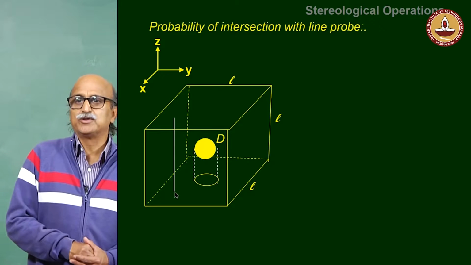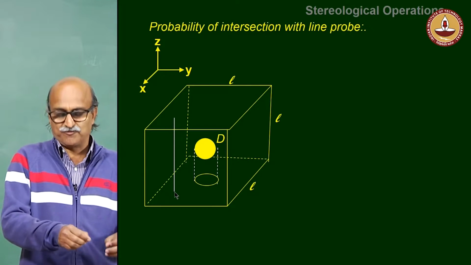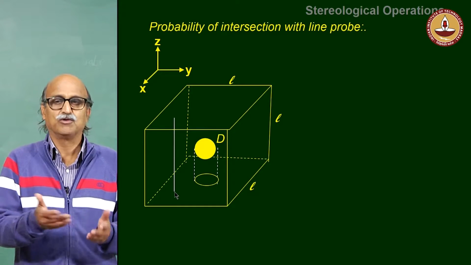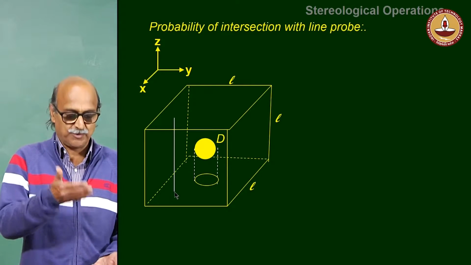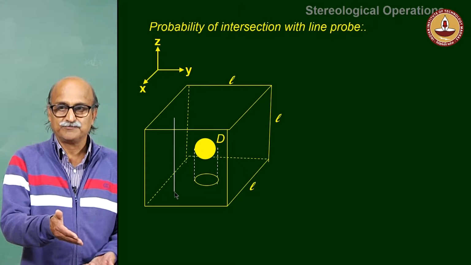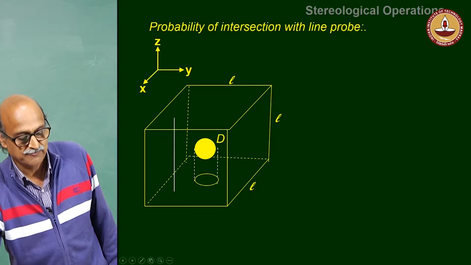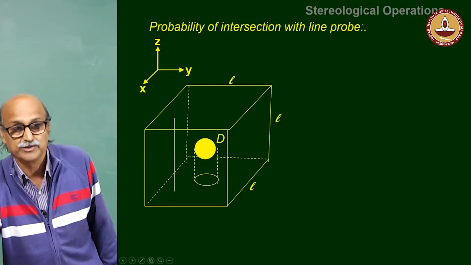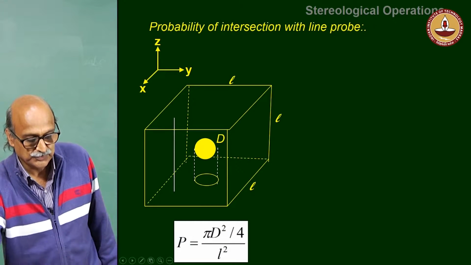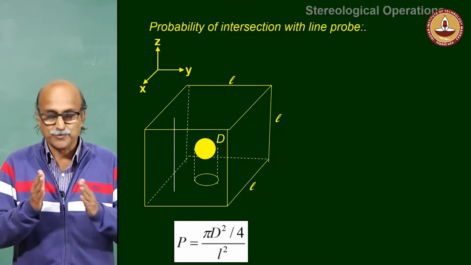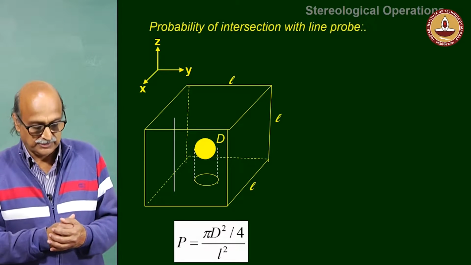Now, what is the probability of this point? If this point falls inside the projection, that means the line will cut the object. The probability of a point falling inside the object would be the area of the circular projection divided by the area of this plane, which is L square. So, this is the probability of the line probe cutting a spherical object.